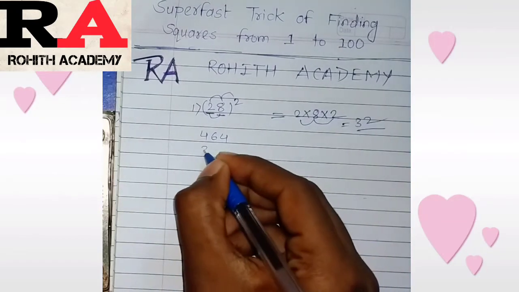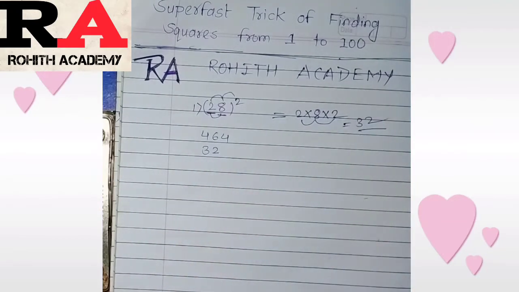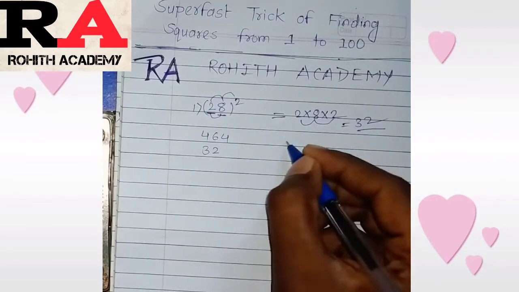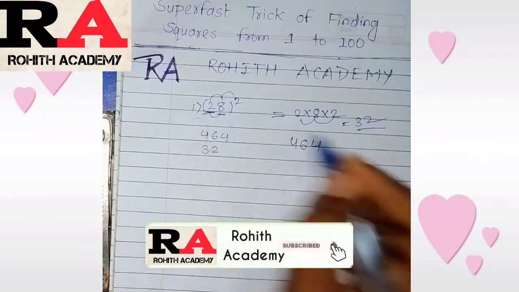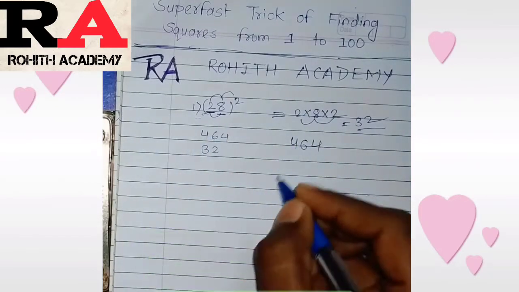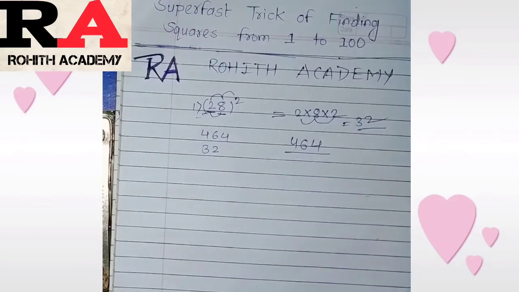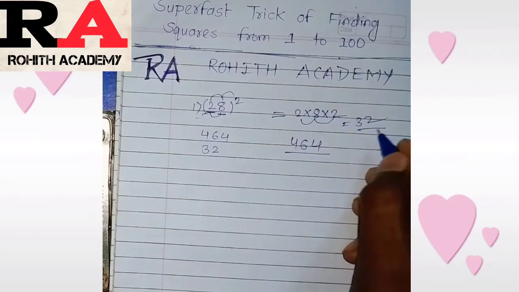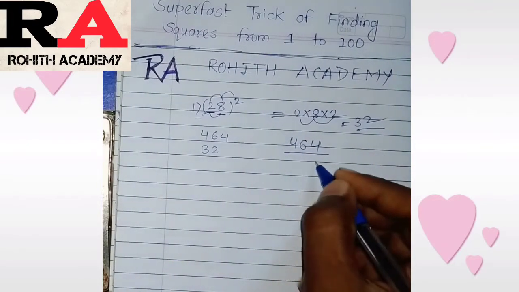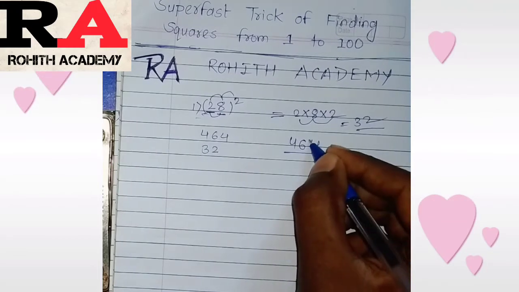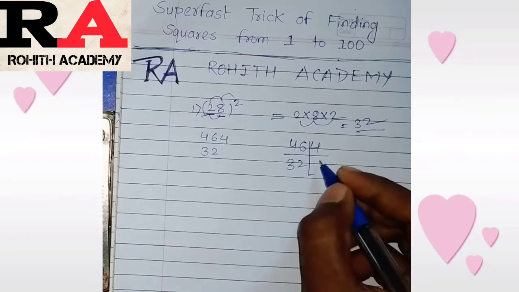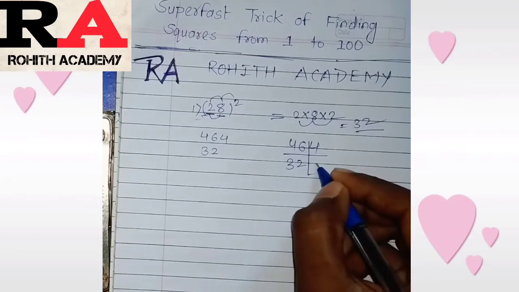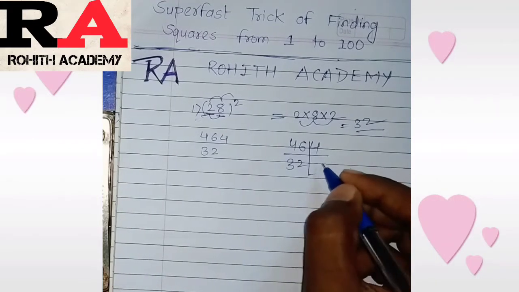We have to write this 32 after leaving one digit from the right side. From steps 1 and 2, our number is 464. We do not start from here.